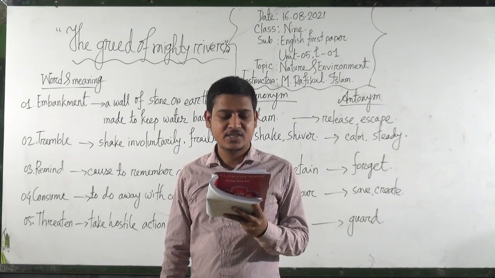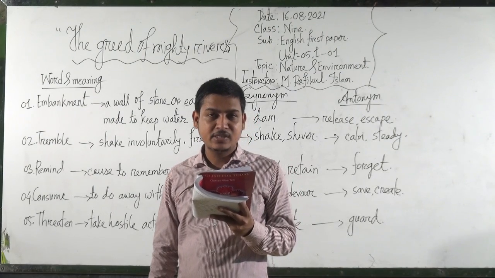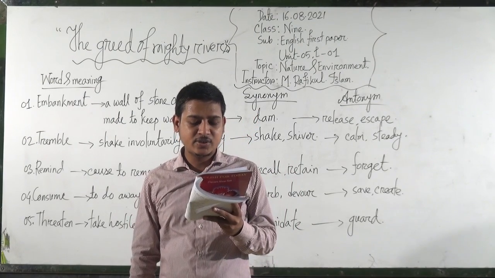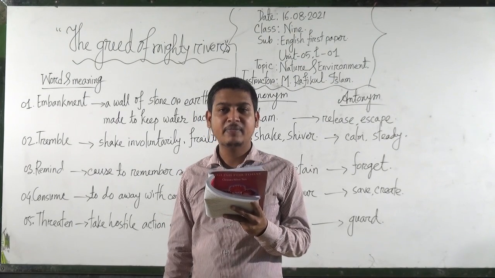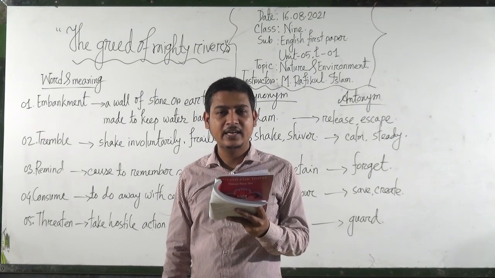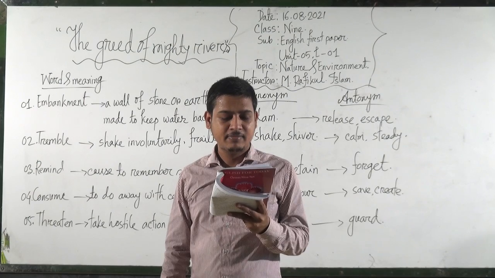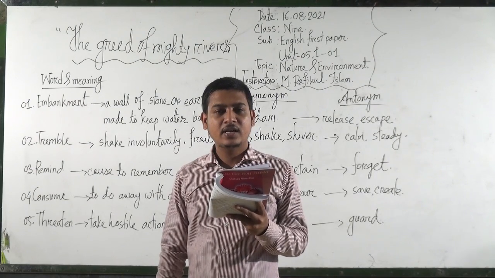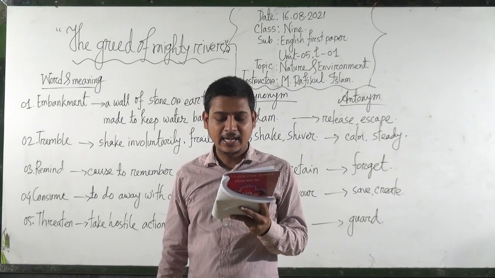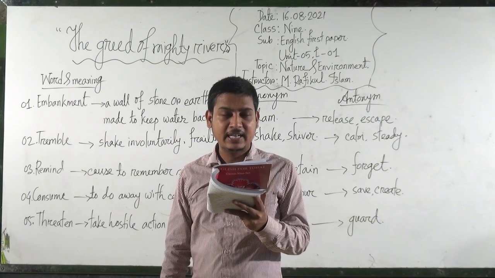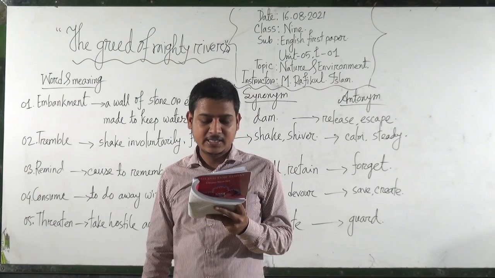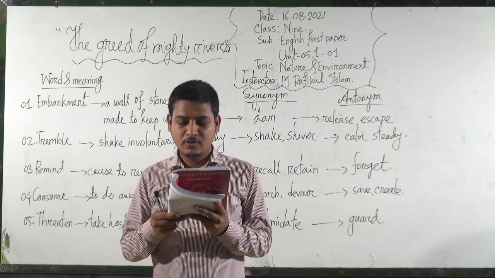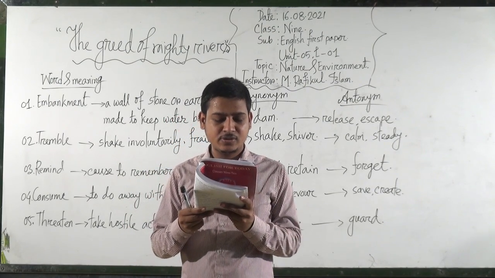Come to the last para. There are thousands of others waiting to share the same fate like Meherjan. So in this line, many kinds of homes have been lost like Meherjan's. Bangladesh is a land of rivers, some of whose banks overflow or erode during monsoon.